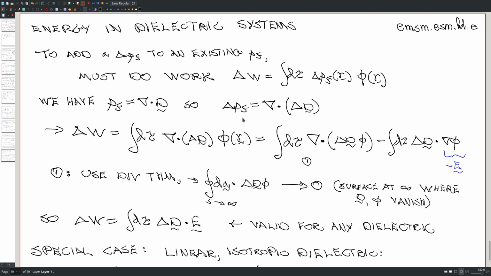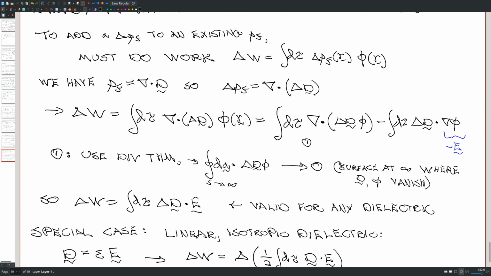So the change in rho f is the divergence of the change in D. Now I just put that in the integral. As usual, you assume that you're integrating over a volume that contains all regions where these potentials and fields are non-zero. So at the boundary, as you push that to infinity, the contributions vanish. So this first integral is just 0.